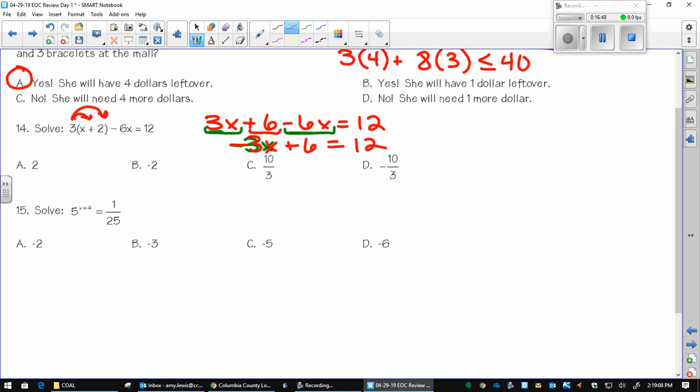Now we're ready to get the constants together by themselves. We'll subtract 6 from both sides so that we have negative 3x equals 6. And then we'll divide by negative 3 on both sides, and we get x equals negative 2. So the answer here is going to be B.